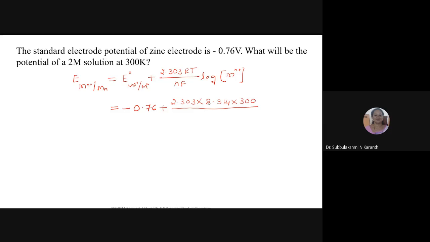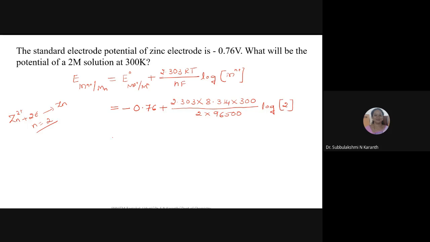What electrode do we use? Zinc electrode. Zn2+ takes 2 electrons, giving Zn, so n equals 2. I'll take 2 here, n into 96,500, log concentration of 2.